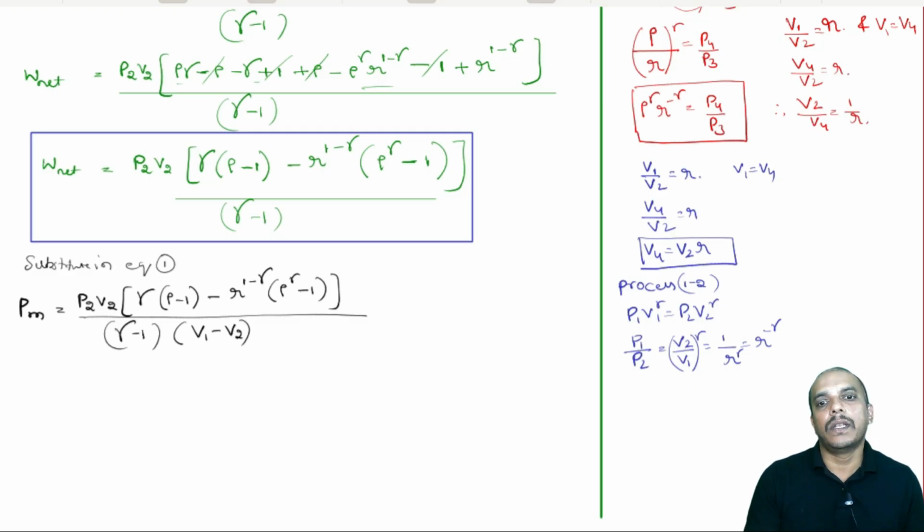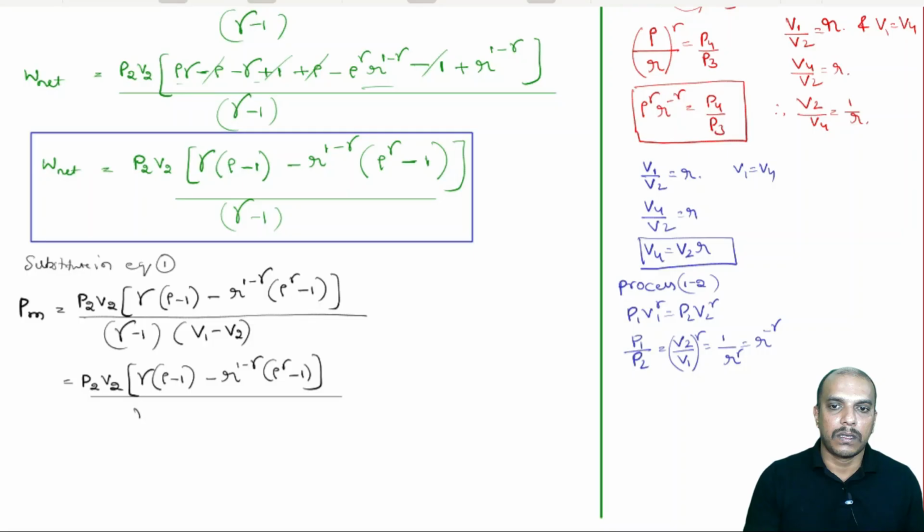Now, the idea is we will try to take V2 common here so that we can cancel out numerator V2 and denominator V2. So that is what I will do: P2 V2 into gamma into rho minus 1 minus R power 1 minus gamma into rho power gamma minus 1, and I have taken gamma minus 1 here. I have taken V2 common here, so that will be V1 by V2 minus 1.